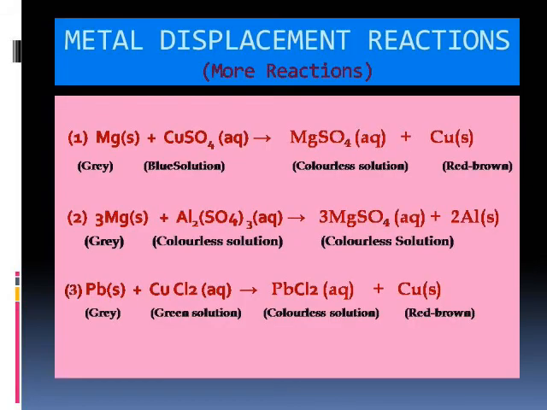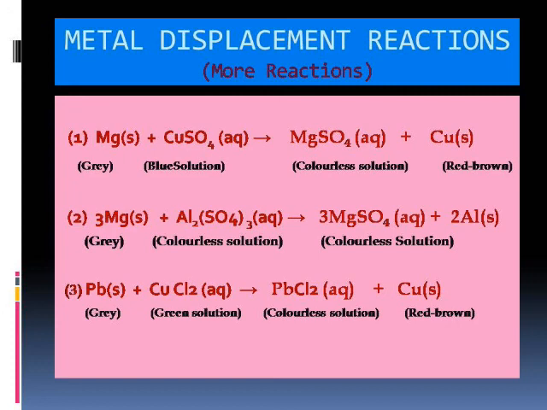In this reaction, copper metal is displacing silver from silver nitrate solution, forming blue colored copper nitrate solution and silver metal. The solution becomes blue due to the formation of copper nitrate. This displacement occurs because copper is more reactive than silver.